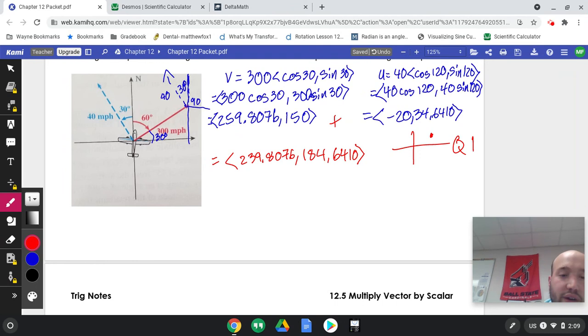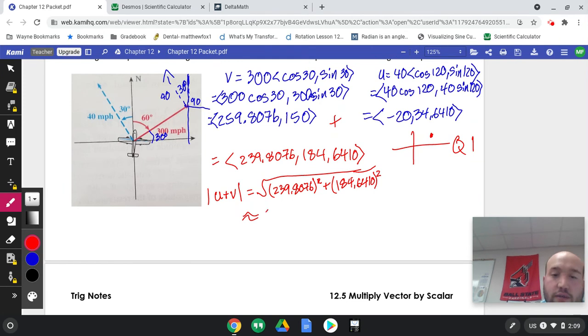So now, to find their speed, let's take the square root of those two squared. And if we do that, it's about 302.7 miles per hour.